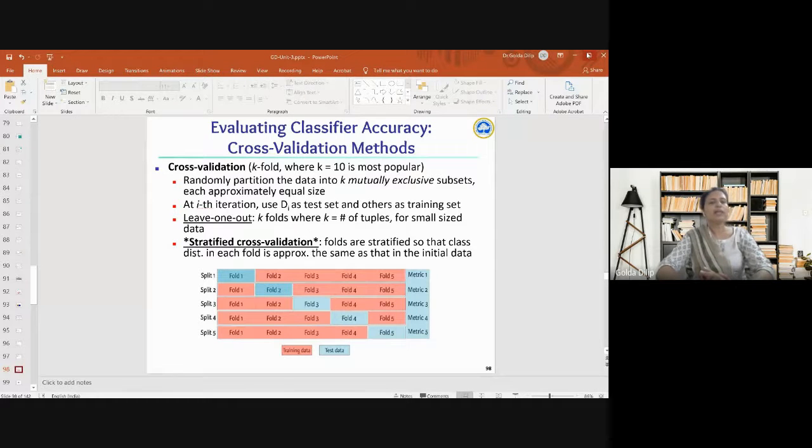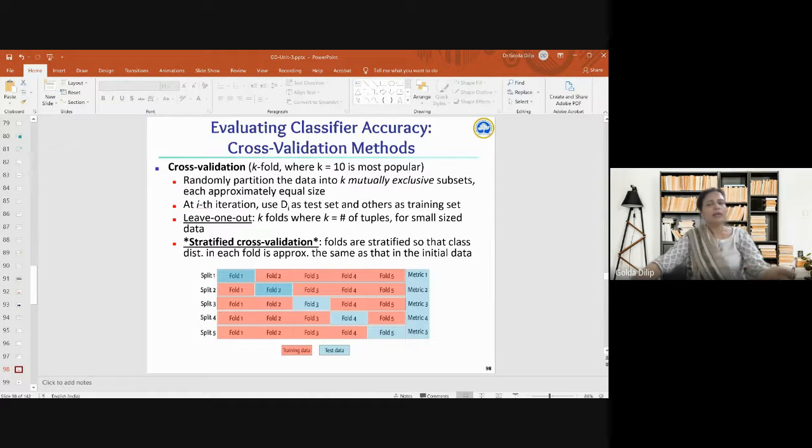Cross validation, or you can call it k-fold cross validation. The data set is randomly split into k groups. One particular group will be used for testing, and the remaining will be used for training.